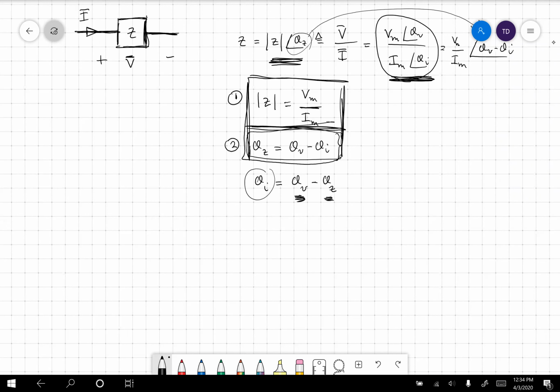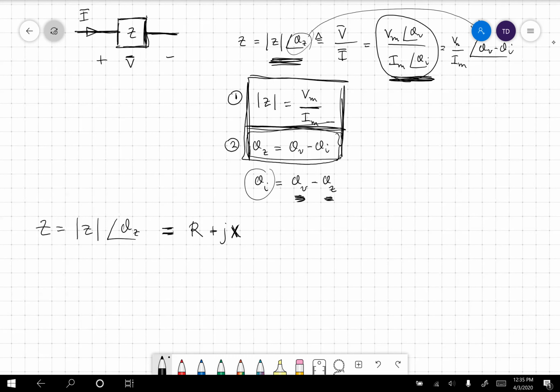Now, more about the impedance. So we're writing Z is equal to magnitude of Z at an angle of theta Z. But we can always write this in rectangular form. This is the way we write an impedance in rectangular form: R plus jX. You can probably imagine why we use R, but you probably don't know why we use X. Don't worry about it.